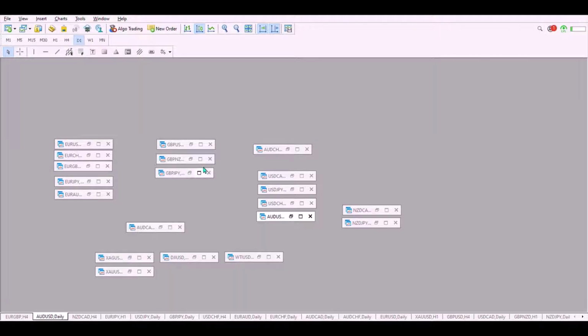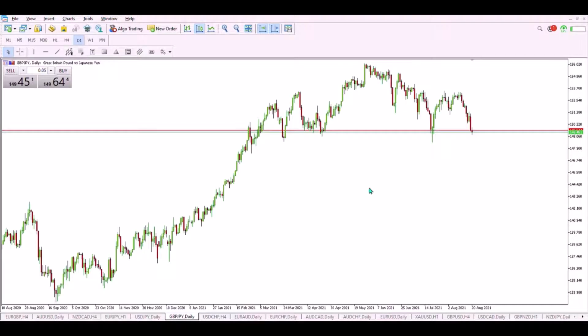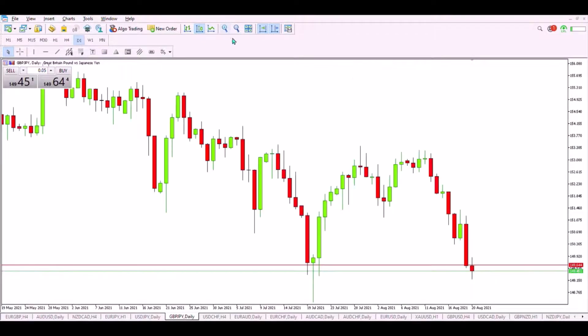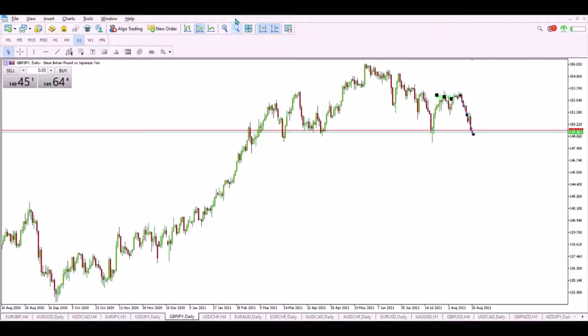If we check out the GBPJPY trade, I have spoken with you guys about a selling trade starting from here. It was targeting this previous support, and after some correction to the upside, which of course I didn't like, I decided to close all trades with some profits here and with some stop losses here, we had this down move.